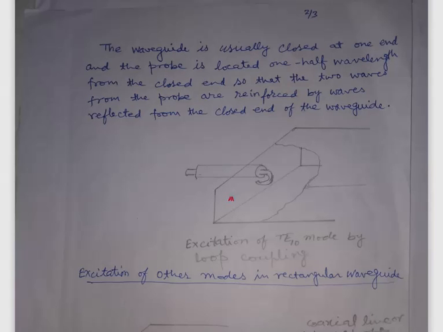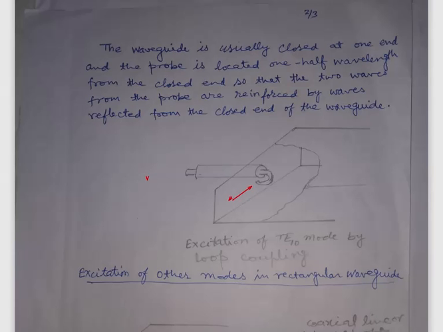So this is the loop. Around the loop, electric currents will be produced, which will cause the magnetic lines of force to propagate, and the time varying magnetic field will produce the electric lines of force. So this is the principle of the coupling by loop for the excitation of the dominant TE10 mode inside the waveguide.